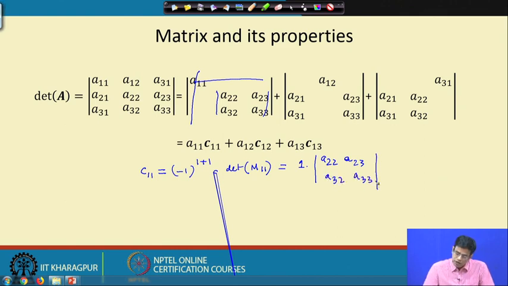Similarly for the others. So, this determinant is simply A22 into A33 minus A23 into A32. Similarly, for the other cases, deleting the second row and second column, and the first row and third column, we will get the determinant of the matrix.